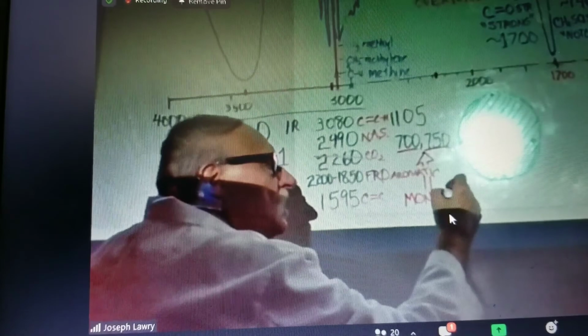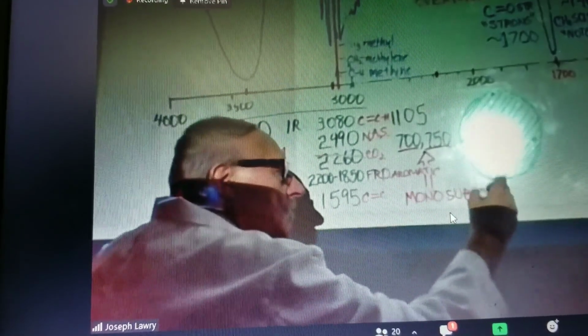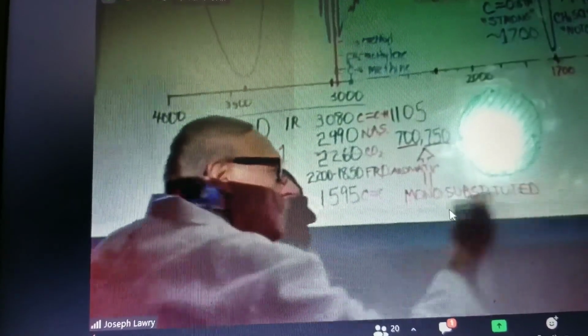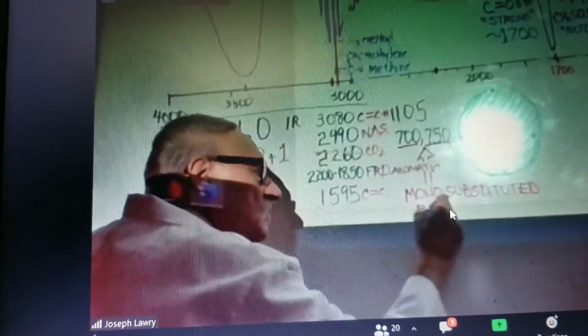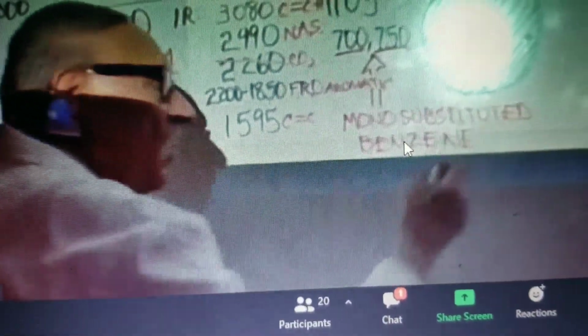Monosubstituted benzene, usually. Now that is gold right there. Now what? I'm going to show you in less than 2 minutes how to put this together.